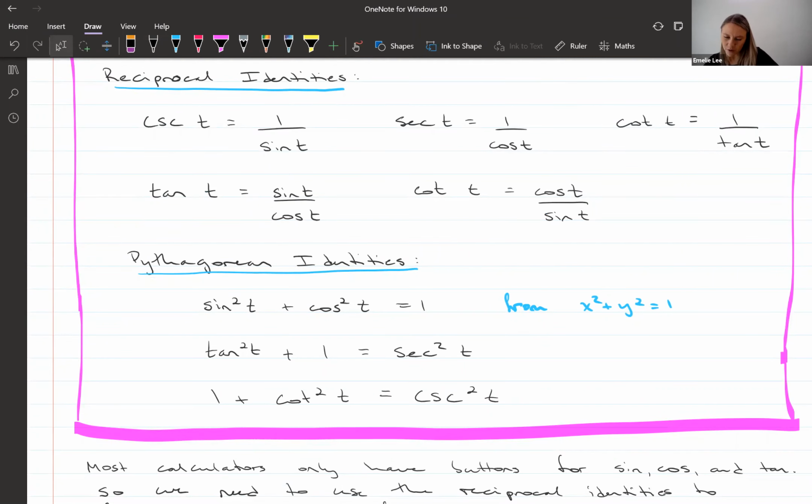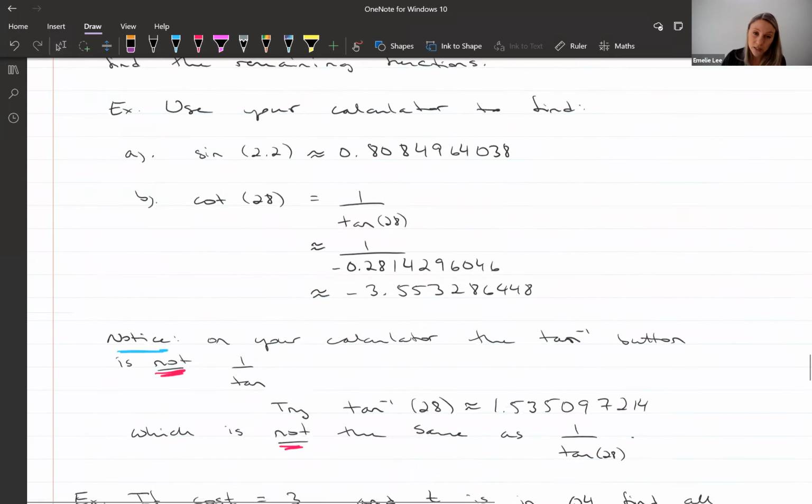I've got some options, and this is more of a puzzle game than anything else. Here I've got a sine t, that's not going to help me much, because I need a sine t that I can convert into a cosine. The one that kind of strikes my fancy is sine squared t plus cos squared t is 1. That's going to be a really useful identity to remember and have up our sleeve. We use it a lot.